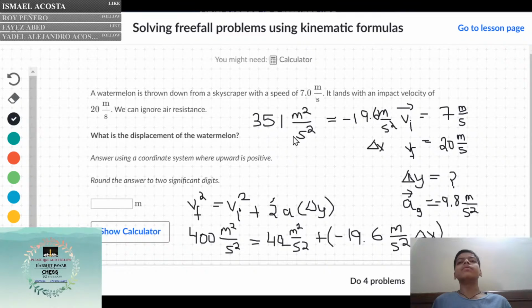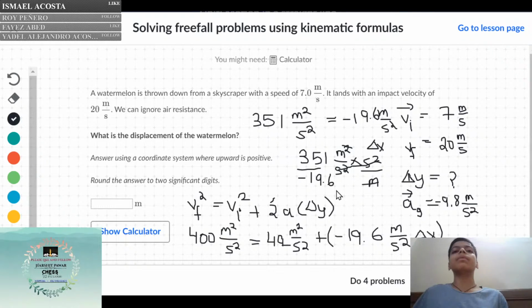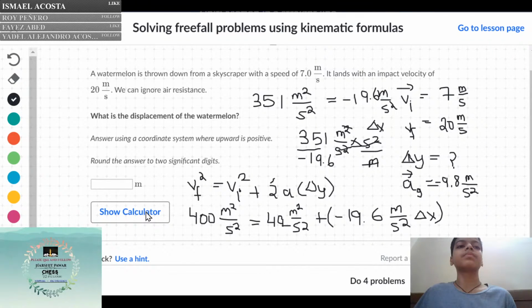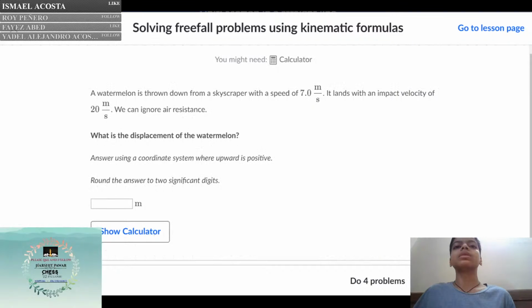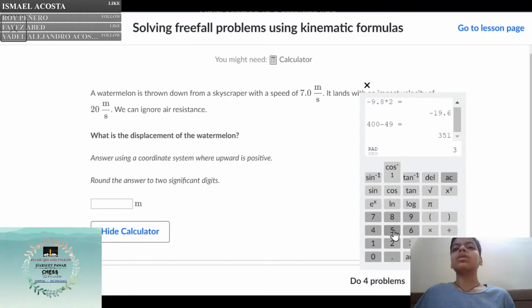We divide both sides by negative 19.6. The units cancel out, and we are left with 351 divided by negative 19.6 meters, which is the change in y.